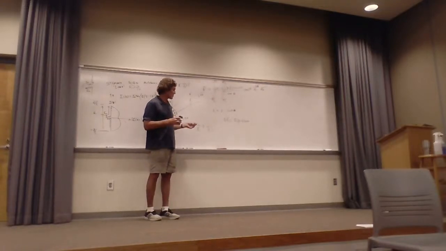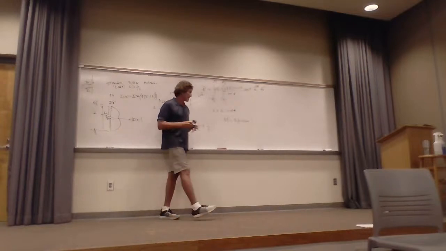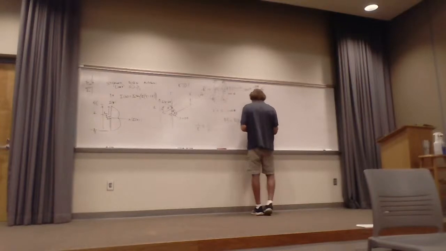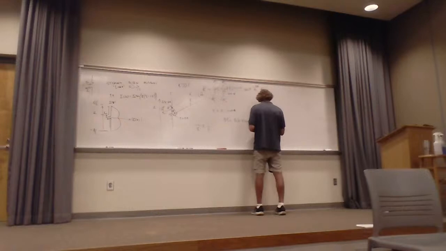I'm just replacing the R prime with R minus Z cosine of theta. Y'all with me? That's equal to beta R minus beta Z cosine of theta.